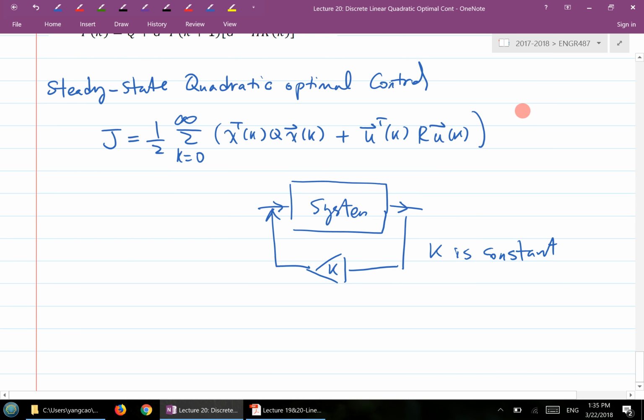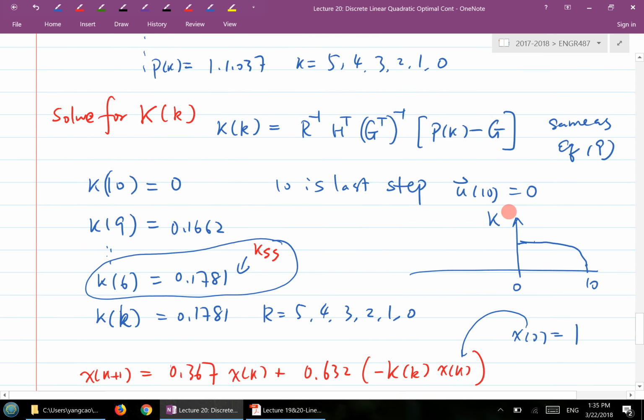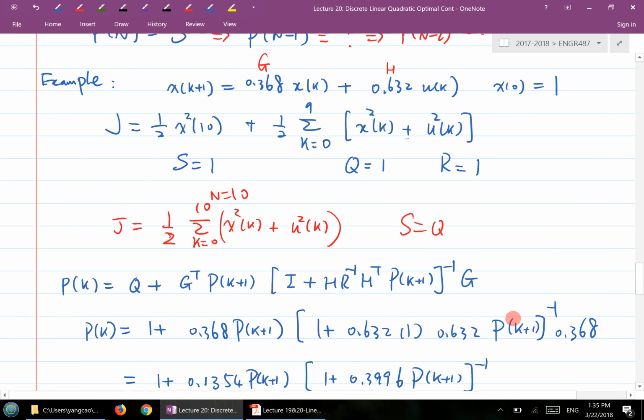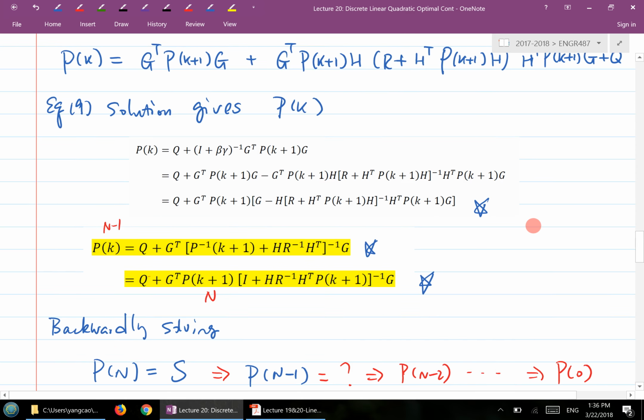But in terms of the equation, if we go back to the discrete Riccati equation, when the number of steps is infinite, both the left side and the right side are all infinite now.